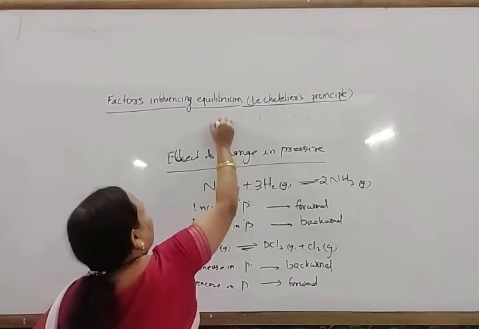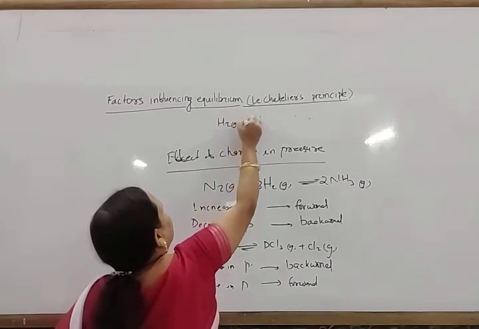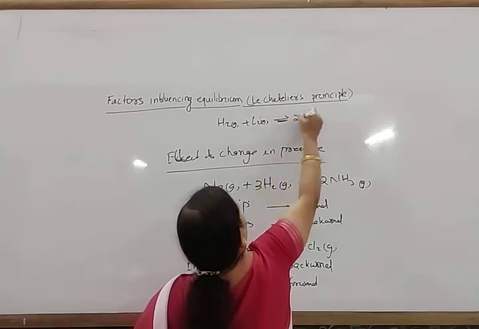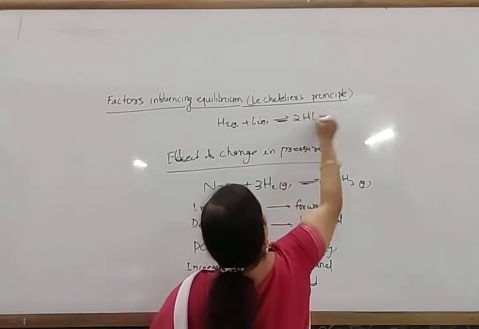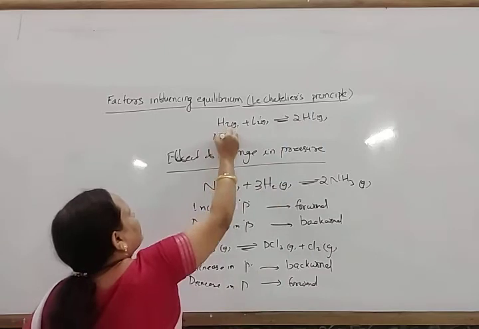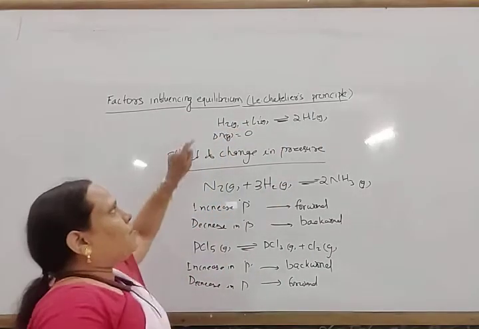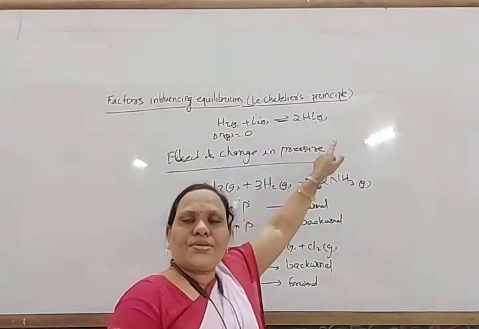Next, look here. Suppose it is given H2 gas plus I2 gas gives rise to 2HI gas. In this case, delta Ng is equal to 0. The number of moles here is 2 and here also 2.